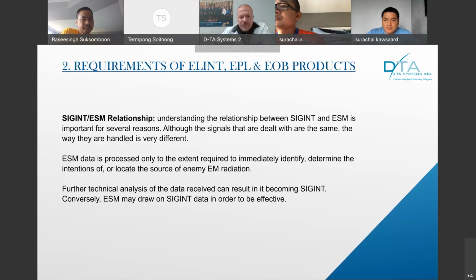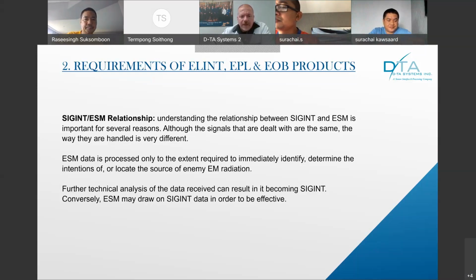ESM data is processed only to the extent required for immediate identification, determining the intentions of, or locating the source of enemy EM radiation. Further technical analysis of the data received can result in it becoming SIGINT.